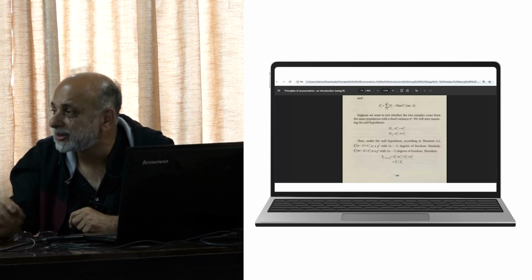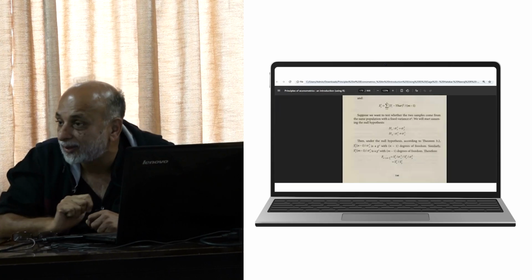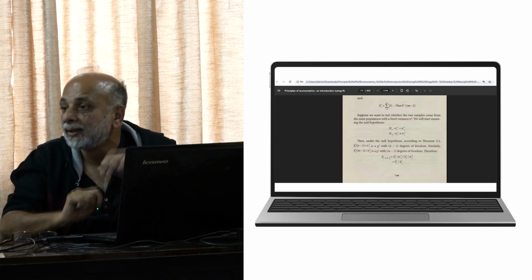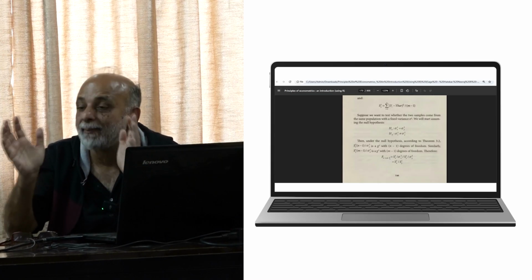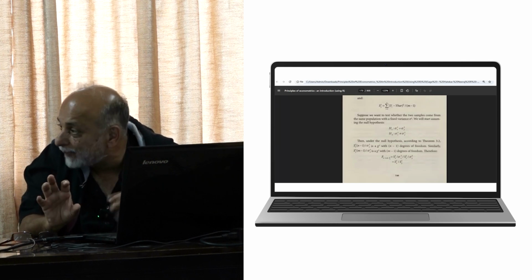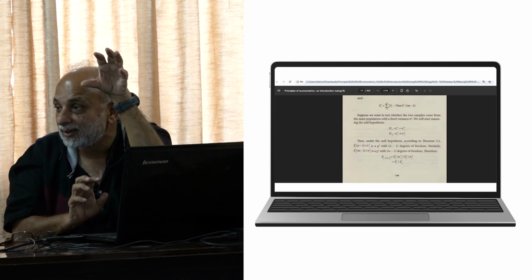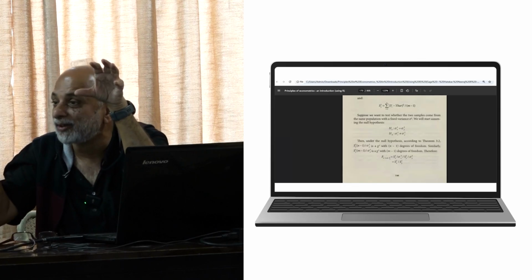So the chi-square test is what? S square into n minus 1 upon sigma square. What are we testing? Whether this sample has come from a population with variance sigma square. Sigma square is our hypothesis, S square is our evidence, and n minus 1 is our information.